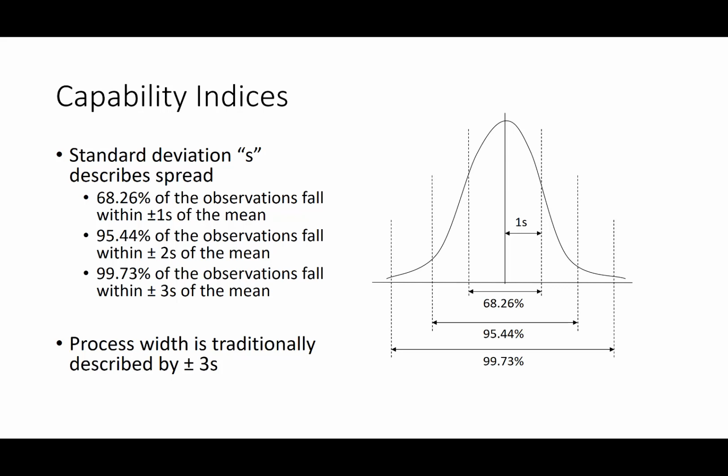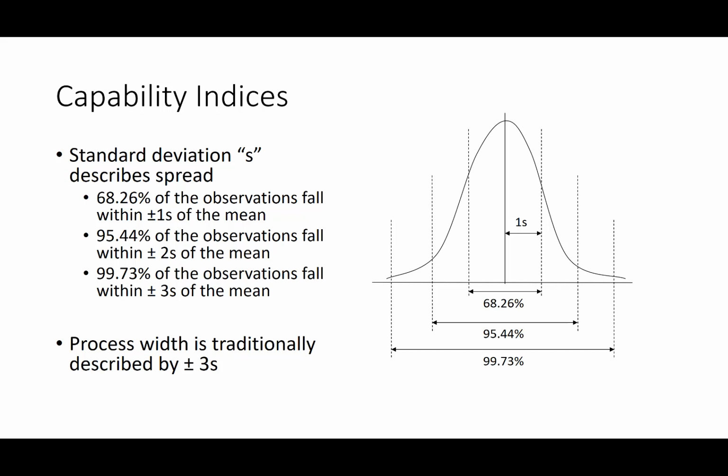In order to do so, you have to understand what the standard deviation is. The standard deviation will describe the spread of your observations. Following a normal bell-shaped curve, 68.26% of your observations will fall within plus or minus 1 standard deviation of the mean. Going further out, 95.44% will fall within plus or minus 2, and 99.73% of the observations will fall within plus or minus 3 standard deviations of the mean.